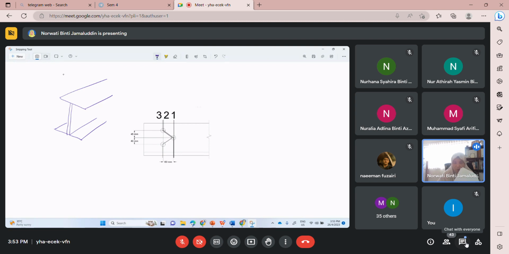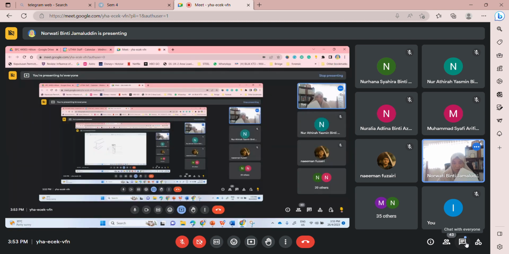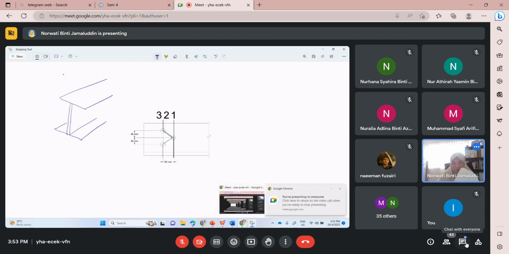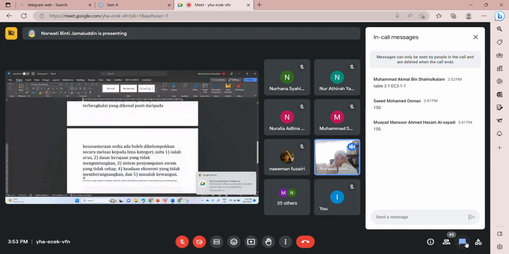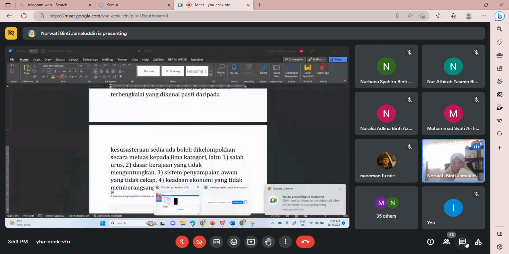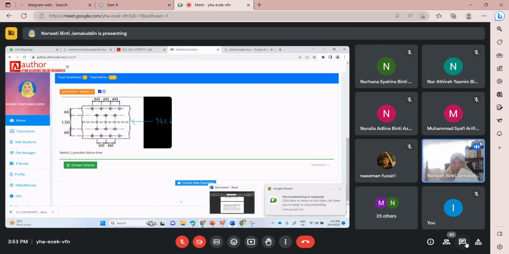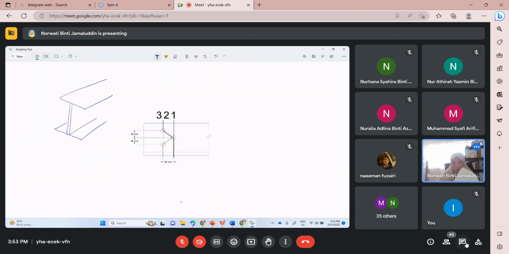So, you ada apa? Dia ada ni. So, ada 3. Ada 4.